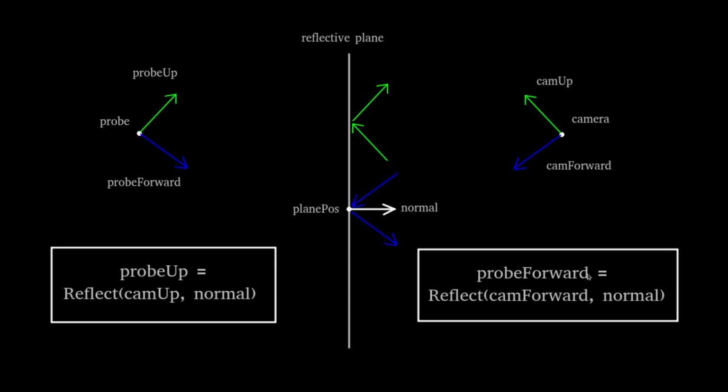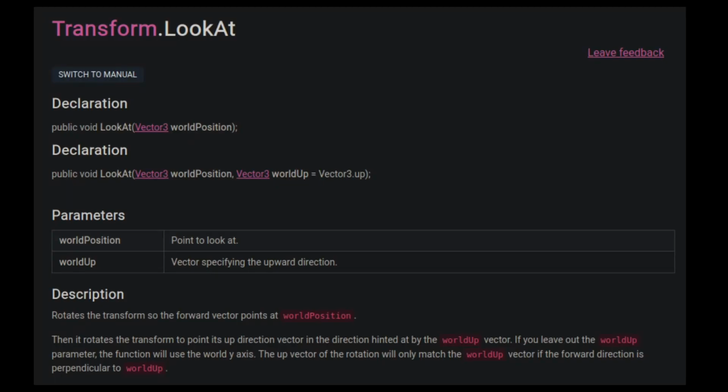Okay, so we can find the probe up vector and the probe forward vector. How can we derive the actual rotation out of these two vectors? Again, Unity has got us covered. We have the LookAt function that all transforms have. Basically, what this function does is that you give it a point and an up direction.